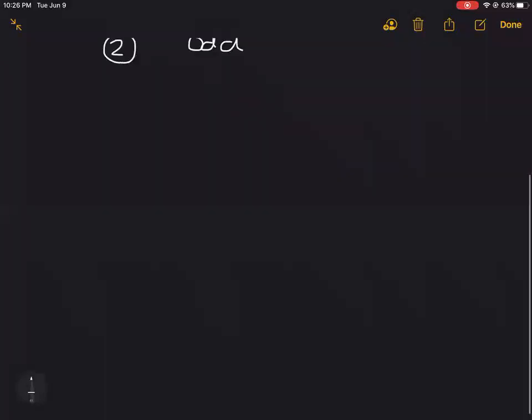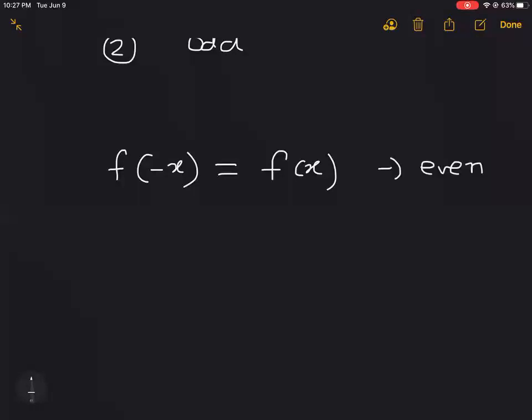So the basic definition is, if you replace your x by a negative x, you'll still get the same value for even function, okay? I'll just show one example like that. Let's say f of x is x squared, okay?